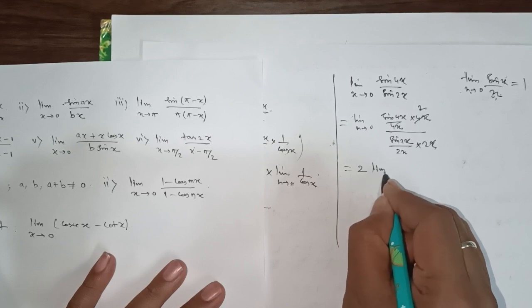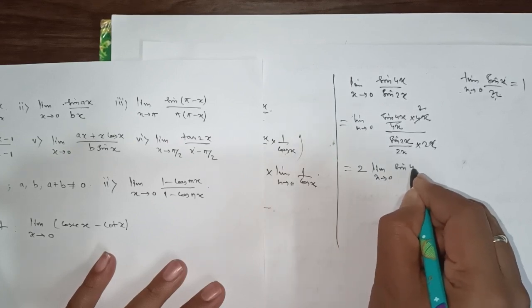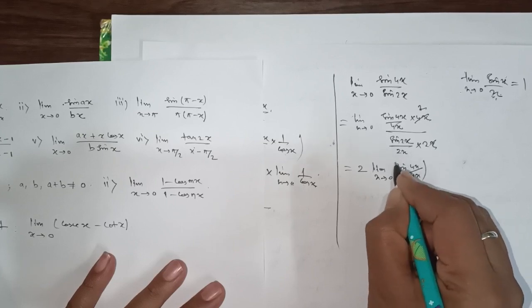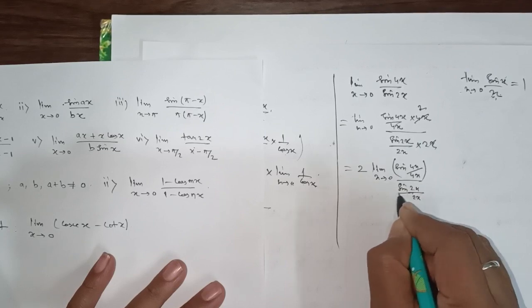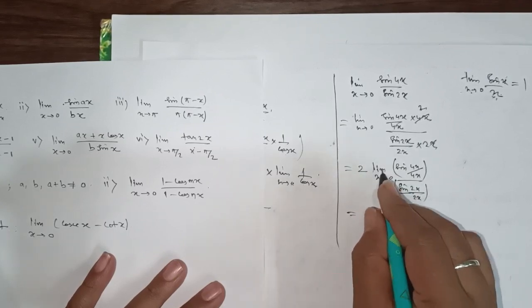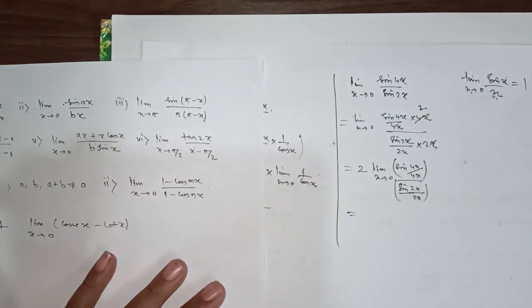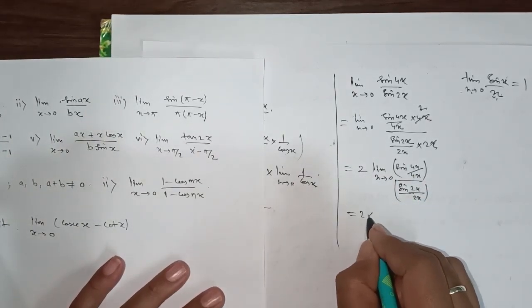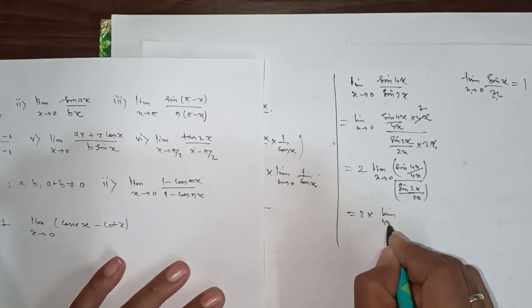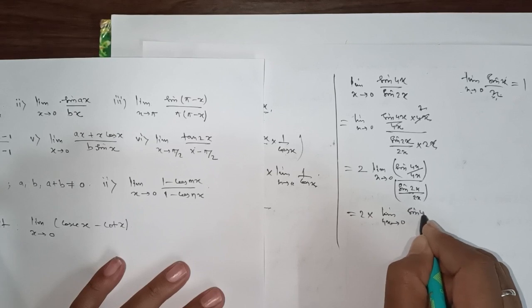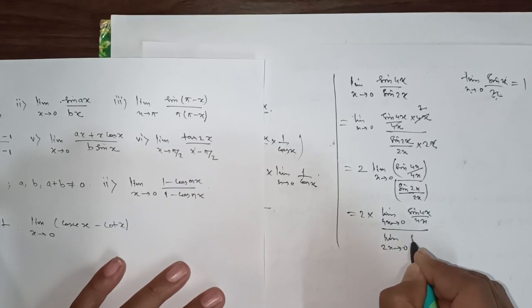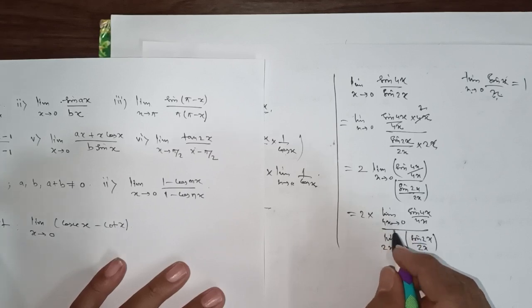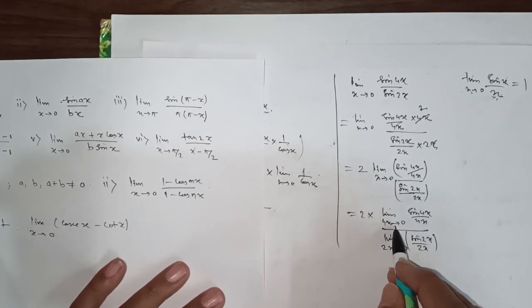We have limit x tends to 0, sin 4x by 4x divided by sin 2x by 2x, the whole thing. Now we'll use the quotient rule: limit 4x tends to 0, sin 4x by 4x divided by limit 2x tends to 0, sin 2x by 2x. Now you may ask, sir, how could you write 4x and 2x, as it was x tends to 0, and now you are writing 4x tends to 0.